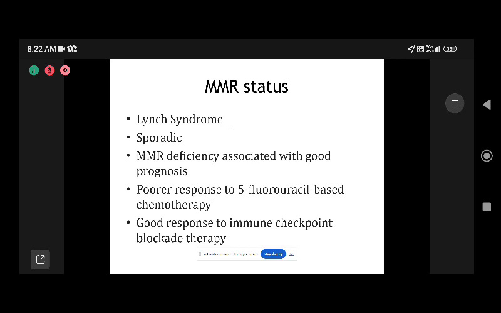So in stage 2 tumors, based on the status of MMR, because they don't benefit from 5-fluorouracil therapy, node-negative tumors can be spared chemotherapy if you know the mismatch repair status. If there are MSI high tumors or mismatch repair deficiency, the response to treatment is different.